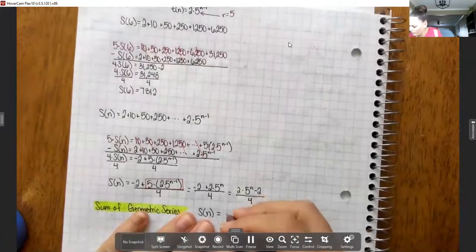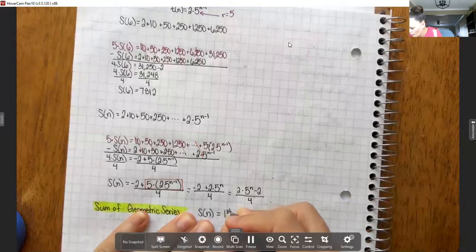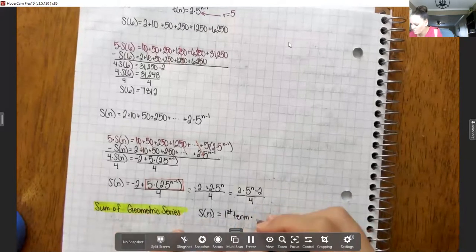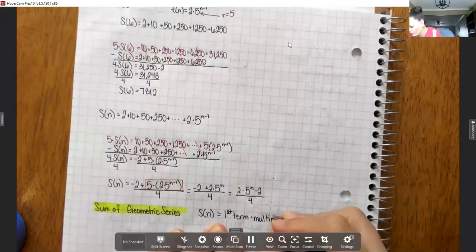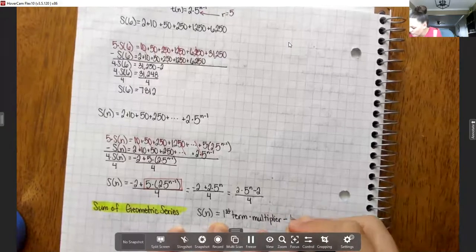So it's the first term times the 5, which was our multiplier. And then a minus our first term.